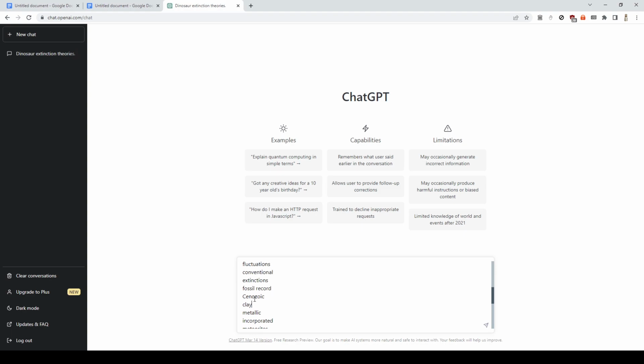Cenozoic, you probably won't get that, but I'll leave it to make the story more fun. Cretaceous, let's delete that as well. You'll notice too that sometimes you get phrases. You asked for words, but it gives you acid rain and greenhouse effect. That's fine. Food chain, these are good things you're going to want to know. So let's see what kind of fun romantic story ChatGPT gives us. I hope this is not offensive to anyone.